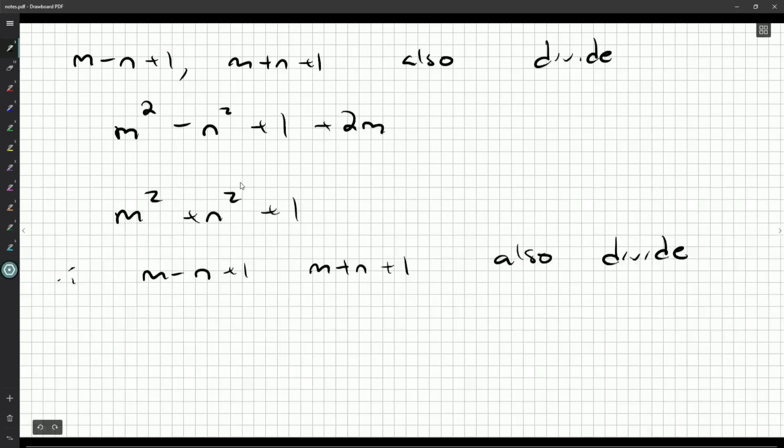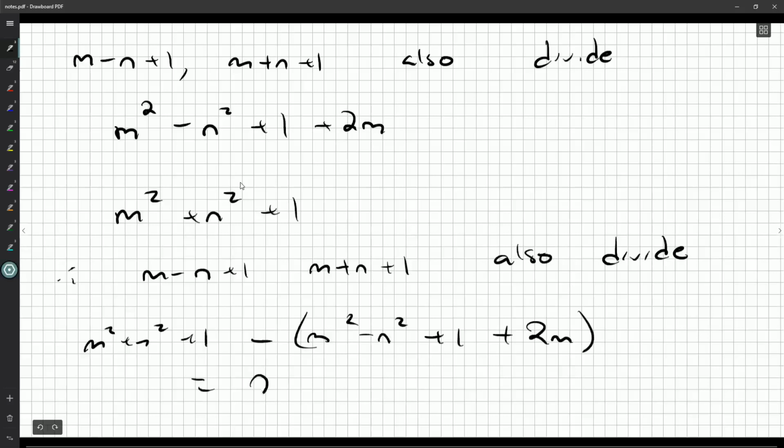So we could say m squared plus n squared plus 1 minus m squared minus n squared plus 1 plus 2m. And that's going to be 2n squared minus 2m.